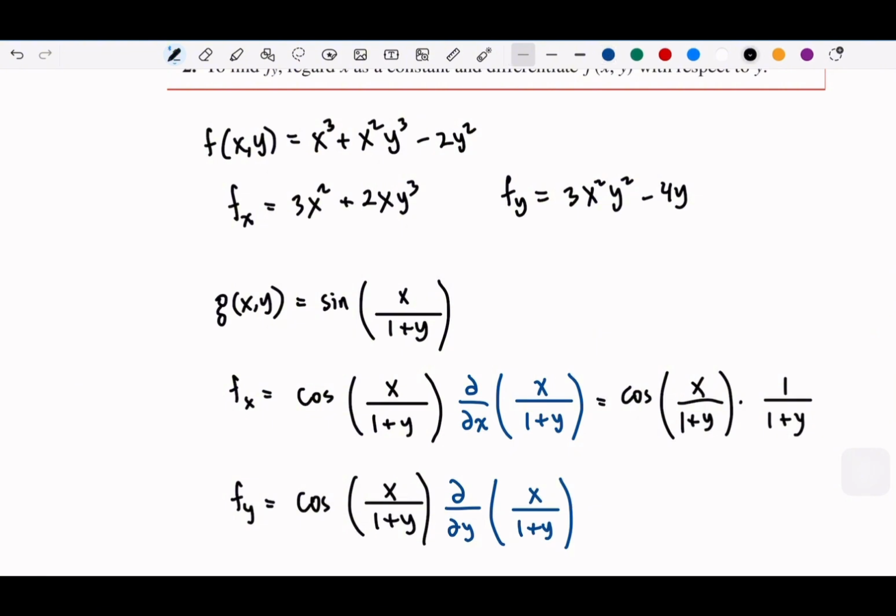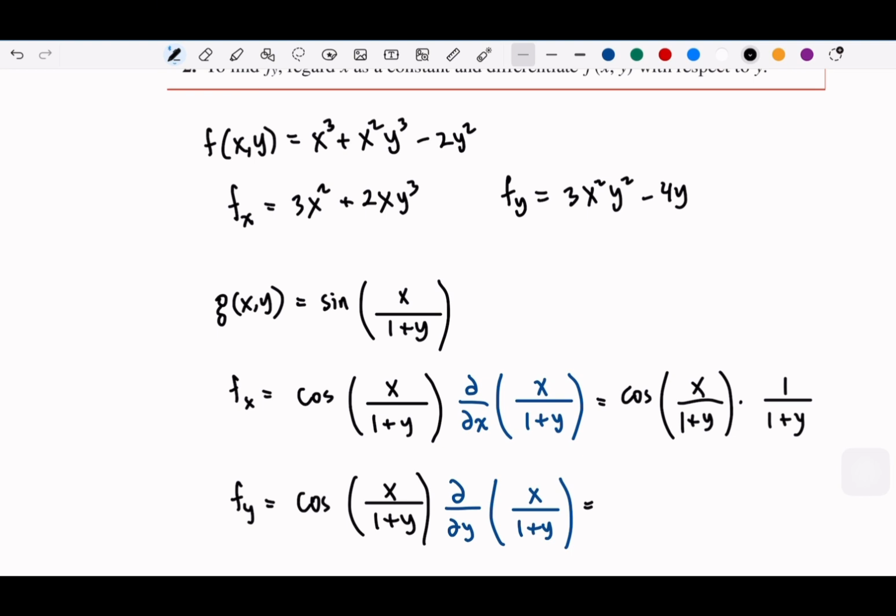Now what will happen? Now x is a constant. But we need to derive the 1 over 1 plus y. We could just take it up here, and it will be 1 plus y to the negative 1. Negative 1, it will be negative 2. And then go to the front, is negative. So negative 1 plus y is to the power of negative 2.